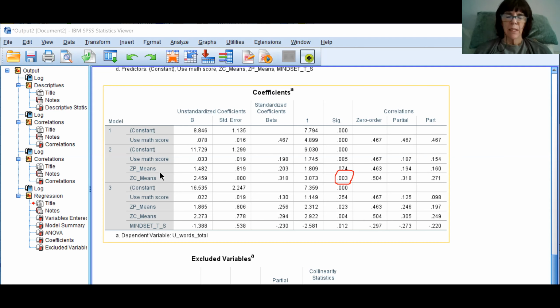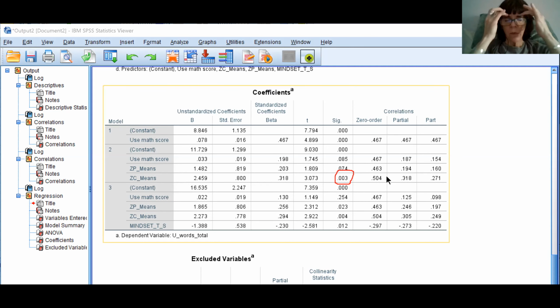Entering multiple things in the model means that each one of them is accounting for unique variance. And if there's substantial overlap between what conceptual knowledge explains in language use and what the other variables explain in language use, they, as I said, have to compete for the space.